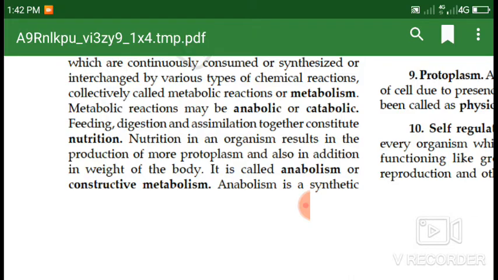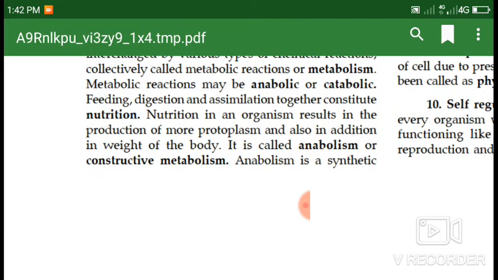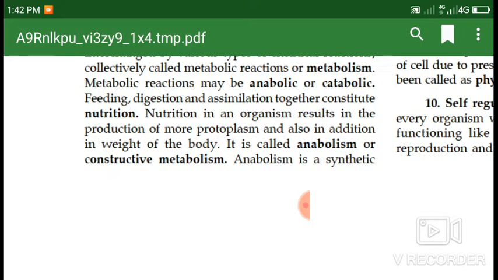Nutrition in an organism results in the production of more protoplasm. So if we take nutritional diets, carbohydrates, proteins, fats, minerals and vitamins, we have more protoplasm and also an increase in the weight of the body, which enables us to gain weight.